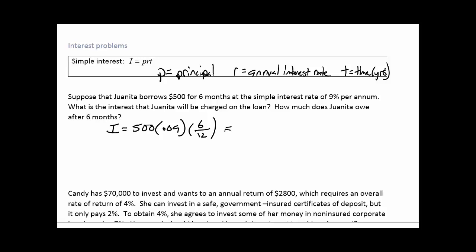And so I would just type that in a calculator and get a number. And I get 22.5. So at the end of the loan, she's going to owe $22.50 just for borrowing the money.